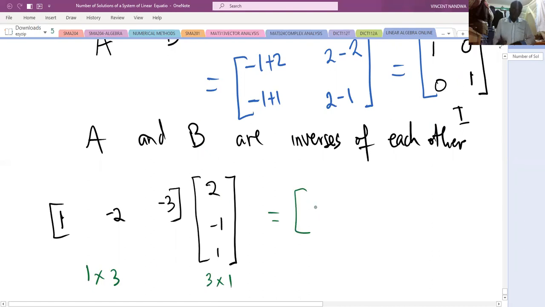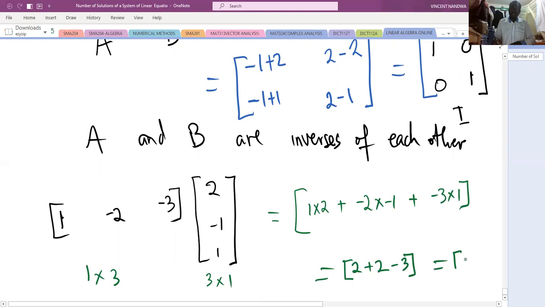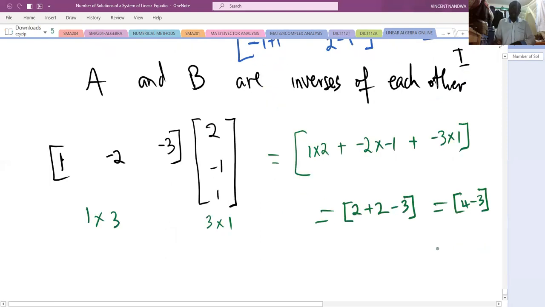It should be 1 times 2 plus -2 times -1 plus -3 times 1. And this will give us 2 plus 2 minus 3, which will be just 4 minus 3, and it's a 1 by 1 matrix. So that's what we get.